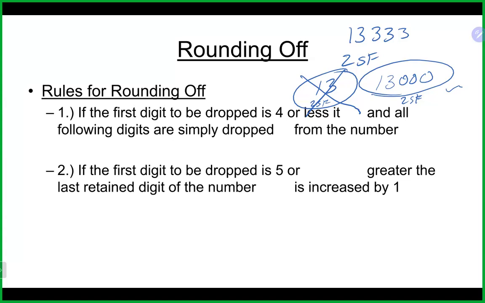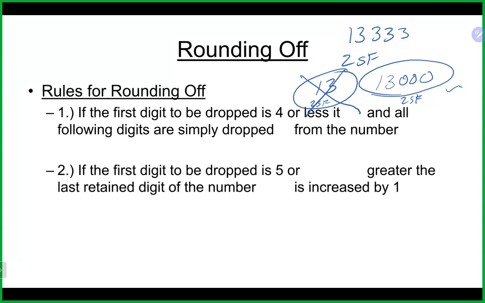So for that first rule, you're not necessarily getting rid of the numbers fully, you're just changing them to zeros. Yeah, you change it to zeros because if you get rid of the numbers fully, you take it to 13, right? And now what you did when you did that is it now means something different. In the case of the money example, it no longer represents $13,000 worth of money. It now represents just $13 worth of money.